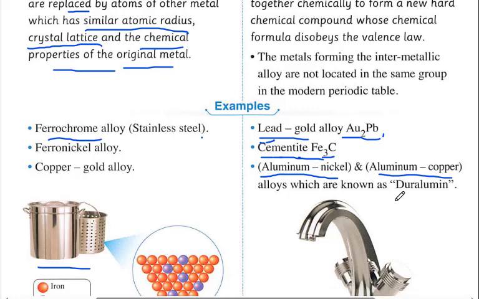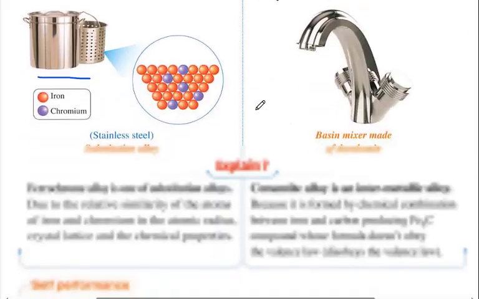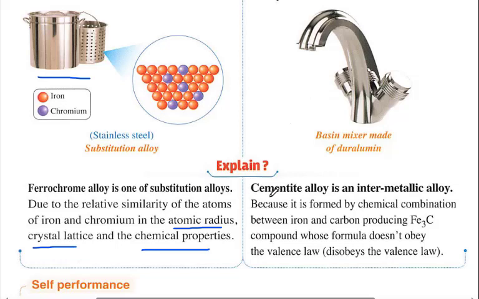It is one of the duralumin alloys, and it is of the type of intermetallic alloys. Okay, so cementite is an intermetallic as it forms a compound with a chemical formula Fe3C, which is called cementite, and it does not obey the rule of valency or the valence law.